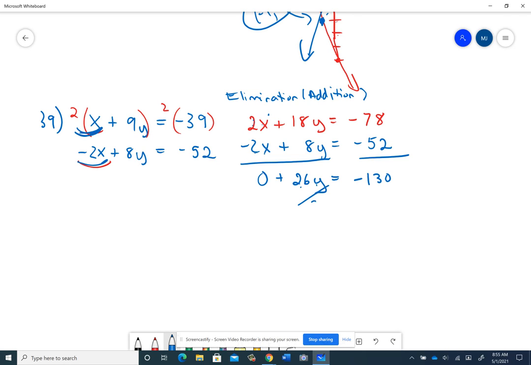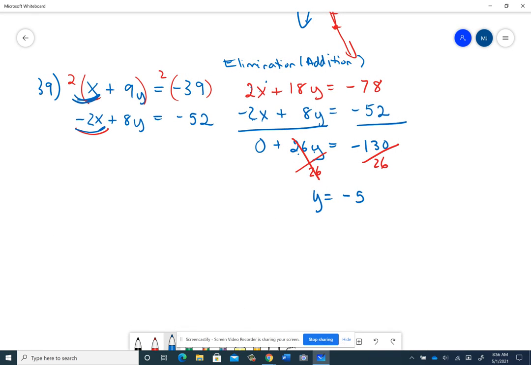So then I can divide by 26. It's not letting me change colors easily. It's kind of delayed. All right, and when I do, I wind up getting that y would be negative 5. And then to find the x, you could go back and eliminate the other variable.